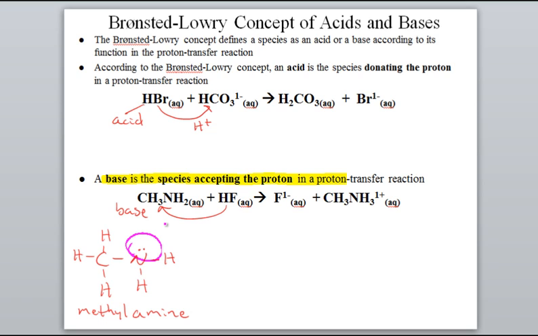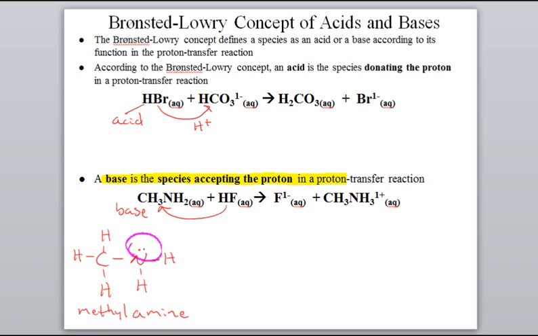Another concept that should be somewhat obvious, even though I haven't said anything about it yet: acid-base reactions. If you have a chemical reaction in which you have an acid, there must be a base. It's kind of like a redox reaction. If you have something that's being oxidized, you have something that's being reduced. If you have an acid, there must be a base.